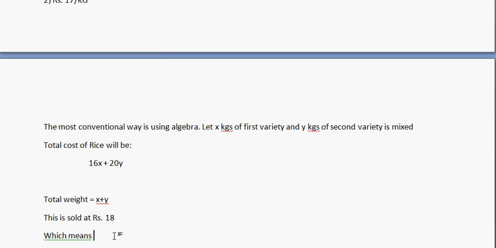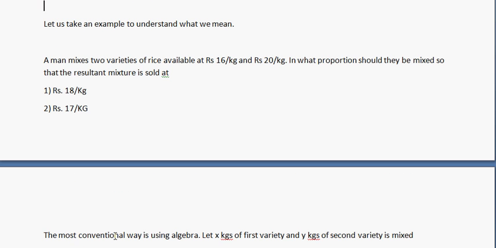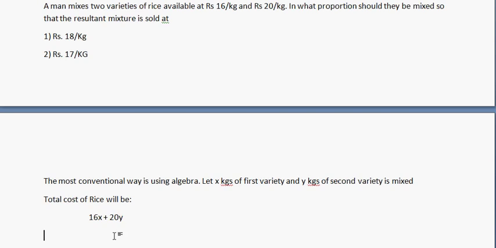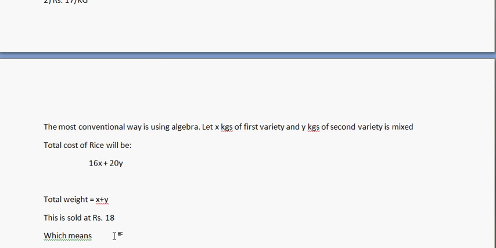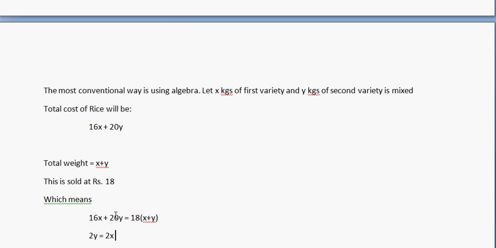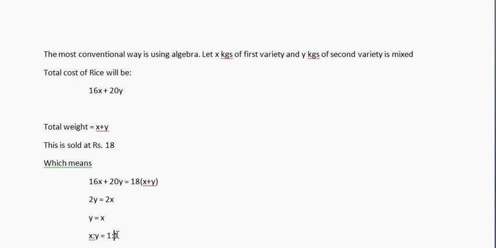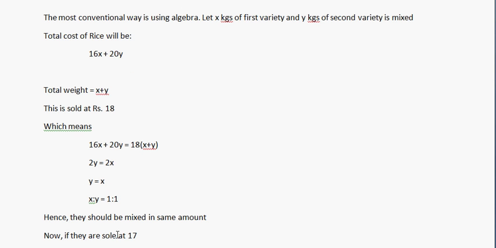There is no mention of profit, so we can assume that he is selling it at 18 rupees, which is equal to the cost price, which means 16x plus 20y is equal to 18x plus 18y. If we reduce it, it becomes x is equal to y, which means he is mixing them in 1:1 proportion. So he is taking equal amounts of variety A and variety B.